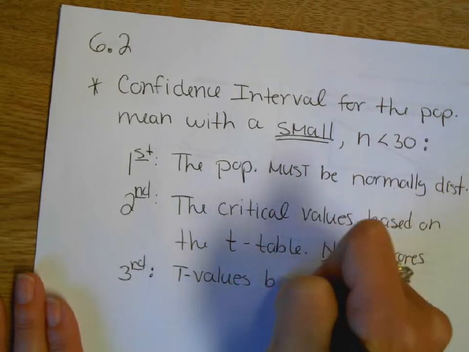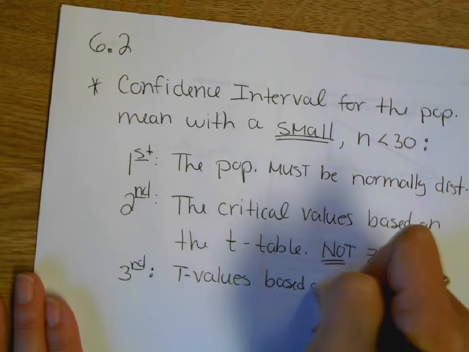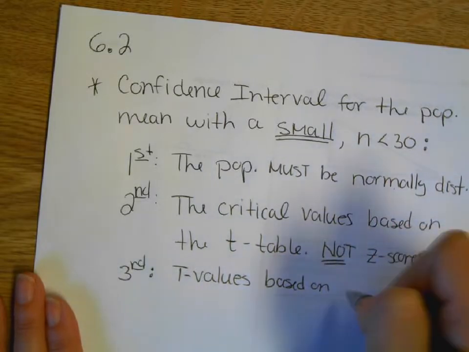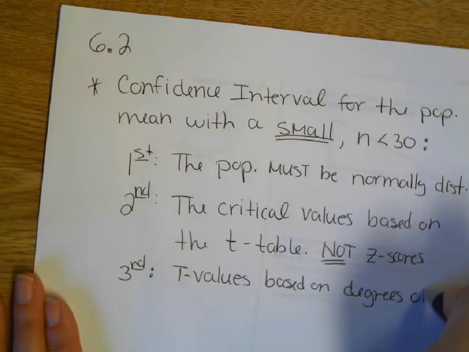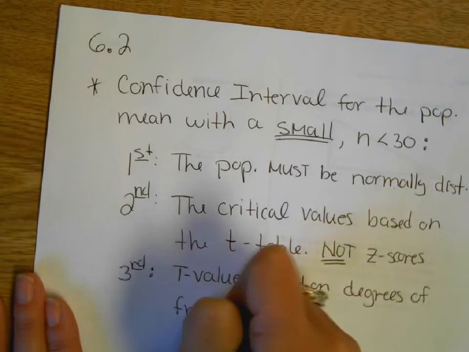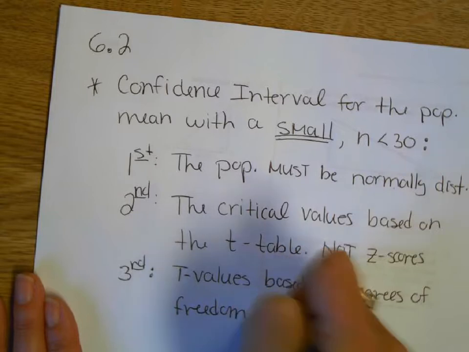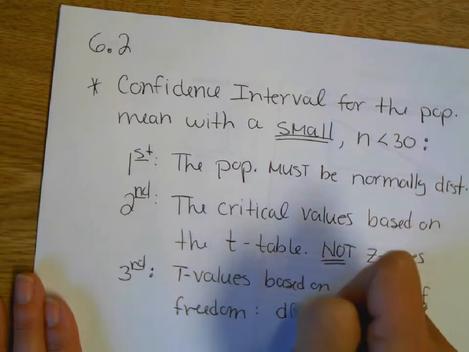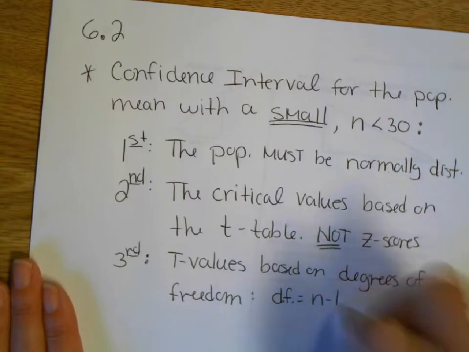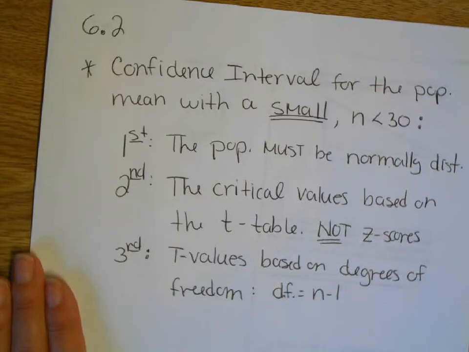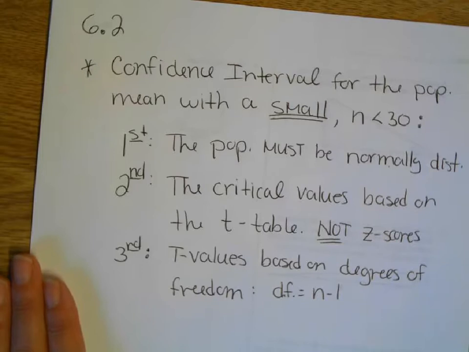T-values are based on degrees of freedom. And our DF, degrees of freedom, are always your sample size minus 1. So 1 smaller than your sample size. So those are the changes.